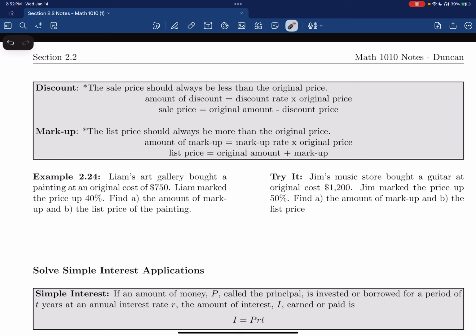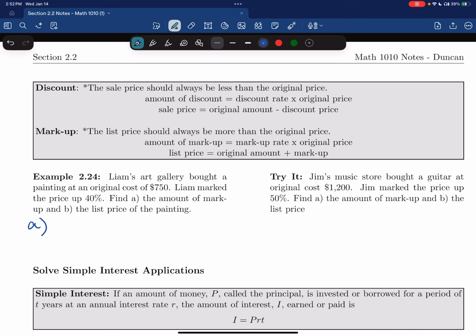Example 2.24 says, Liam's art gallery bought a painting at an original cost of $750. Liam marked the price up 40%. Find A, the amount of markup, and B, the list price of the painting. For part A, let's find the amount of markup.